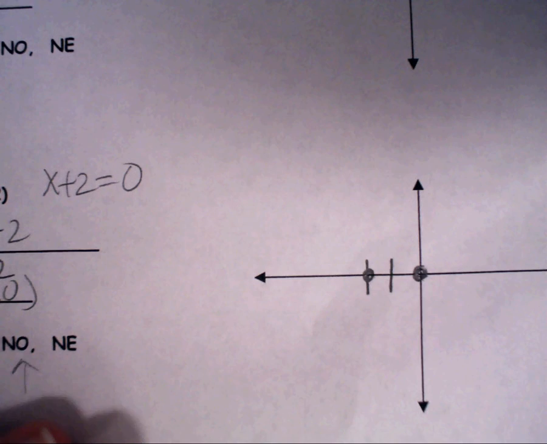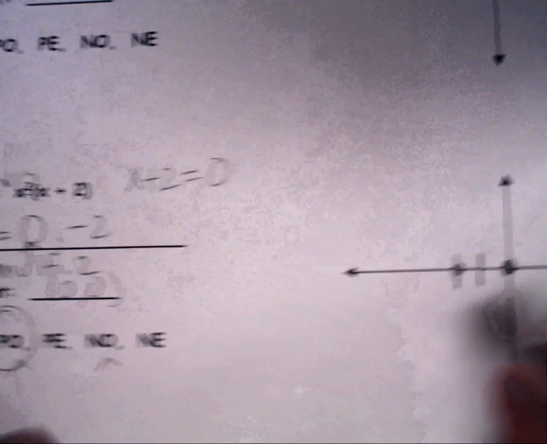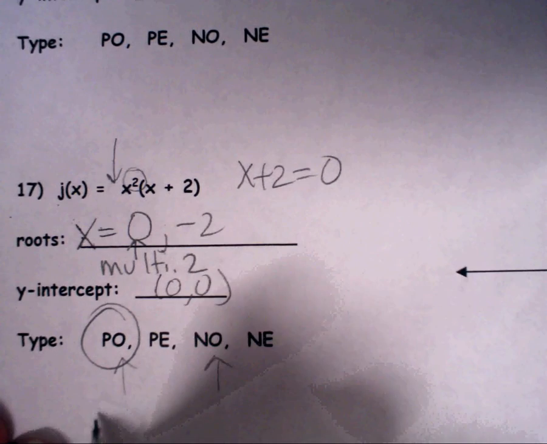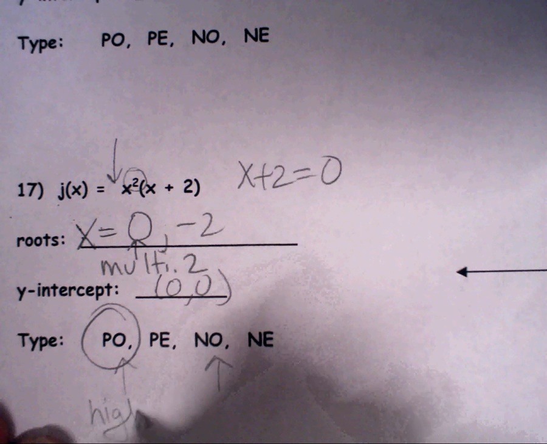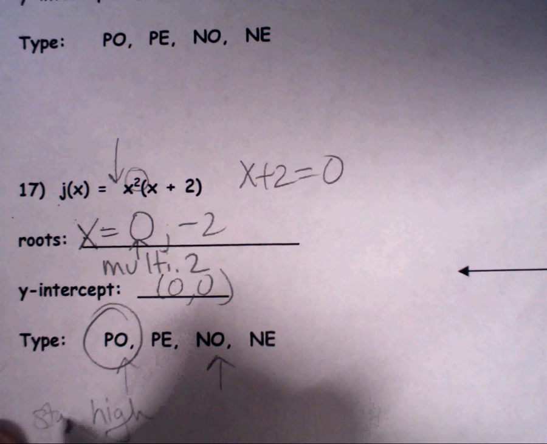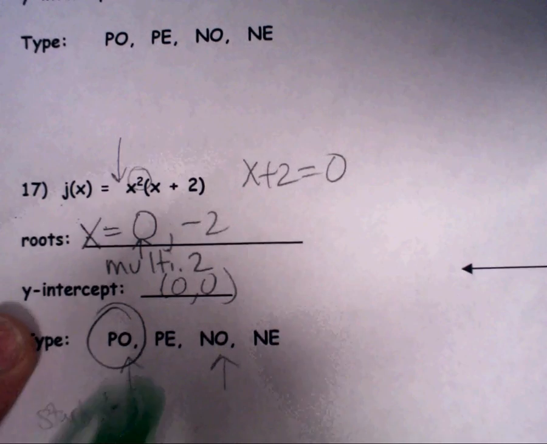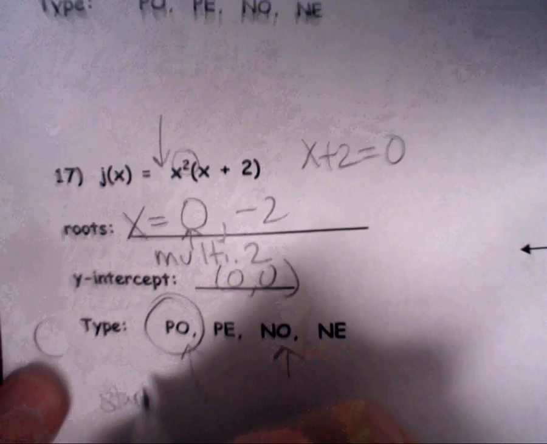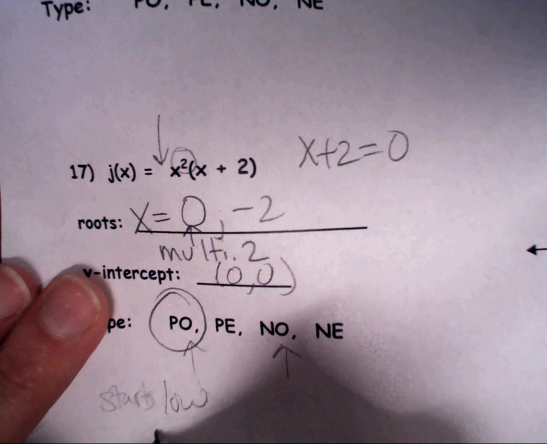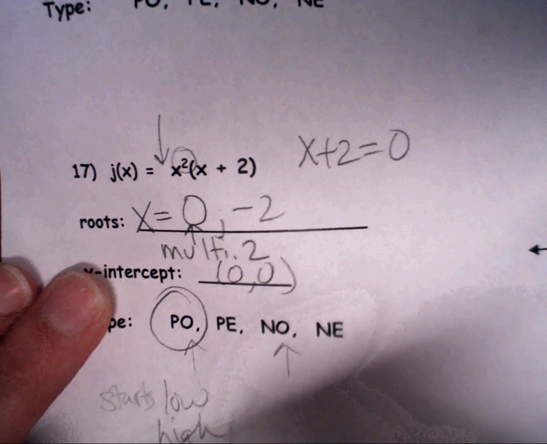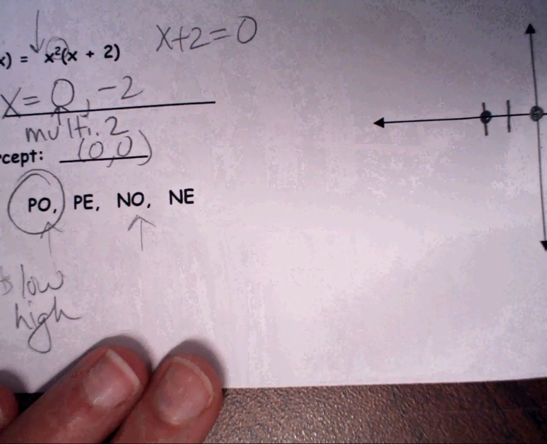And then I know that positive odd starts low and ends high. It's like our linear function, like our cubic function. Positive odd starts low, ends high.